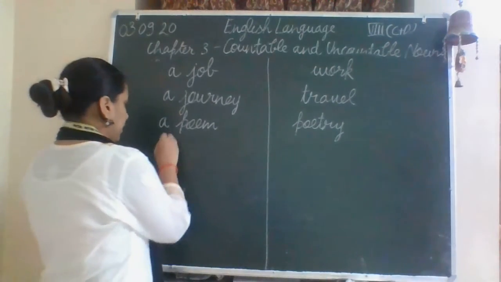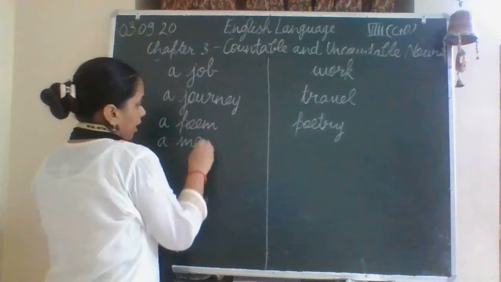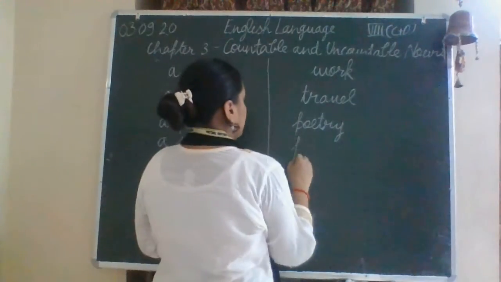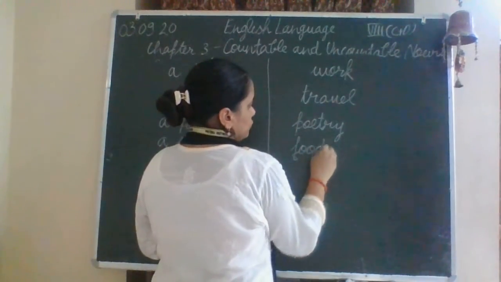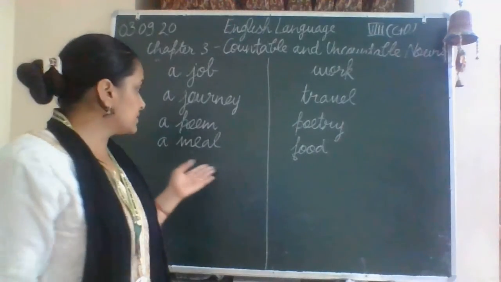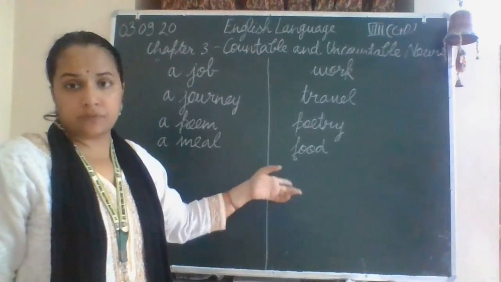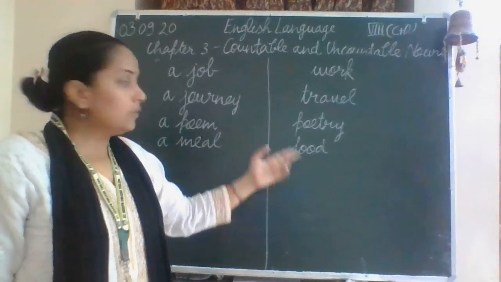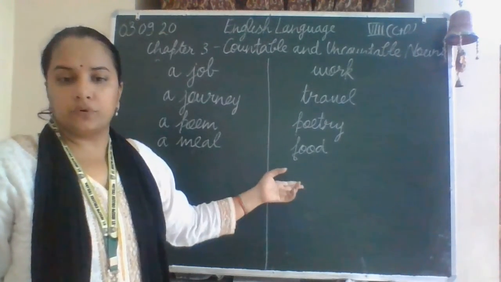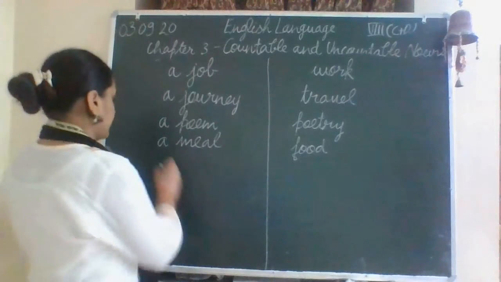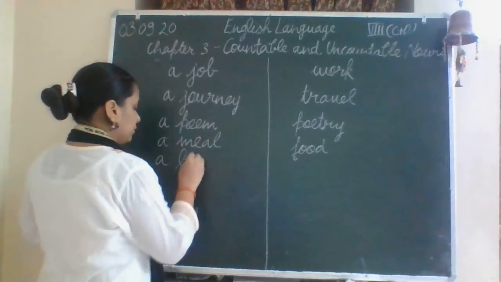A meal, food. What is the charge for a meal? What is the cost of the food or the charge of the food? We will not say a food. Next, a loaf.